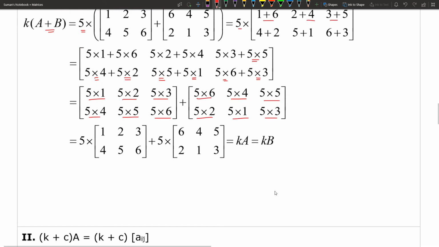Now that can also be written by taking the 5 common from the two matrices: 5 into the matrix 1, 2, 3, 4, 5, 6 plus 5 into the matrix 6, 4, 5, 2, 1, 3. So we get the result kA plus kB. That must be a plus sign, not equal.